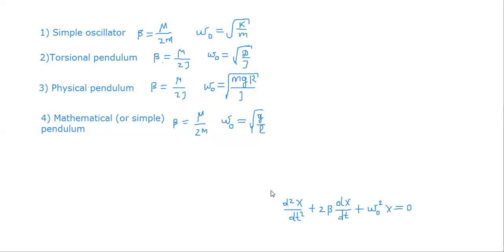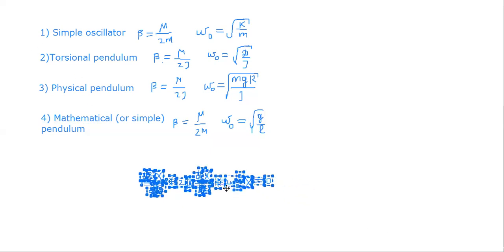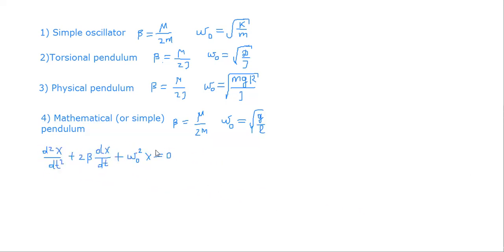So for all these cases, we have the same differential equation. And beta is the damping constant or damping coefficient.